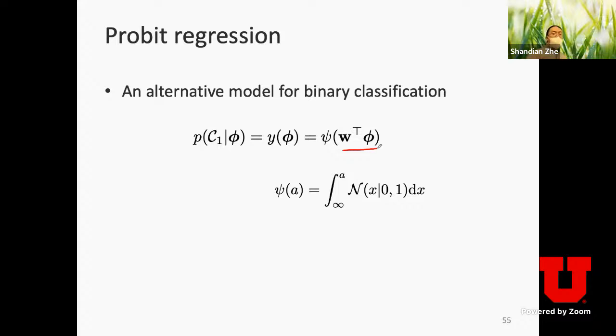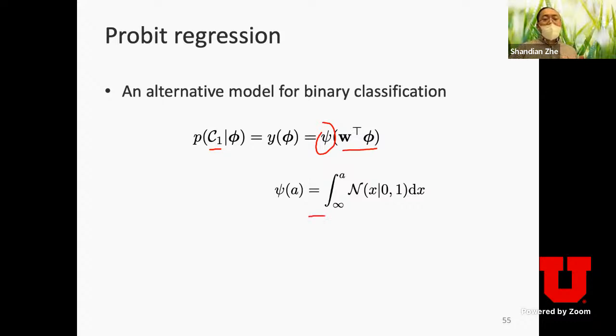But the difference is that now we want to map this score to some probability, right? For your prediction of label C1, right? So now we're going to use the Gaussian CDF to perform the mapping rather than the logistic function.